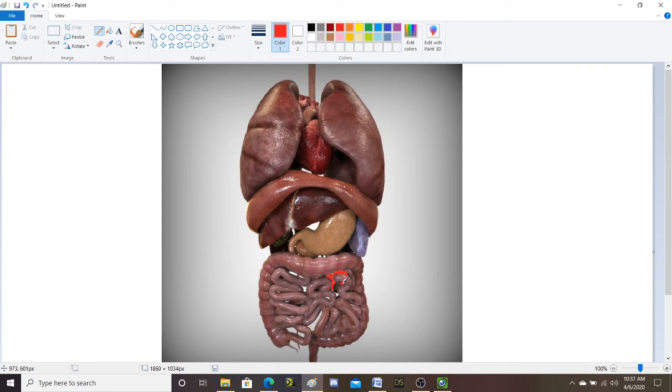So the small intestine is not loose like a rope inside your abdomen. I always think of, and I know I'm getting dated with this example because this is an old movie, but if you've ever seen Braveheart, at the end he's executed, and there's that little guy demonstrating to the crowd what's going to happen to him.